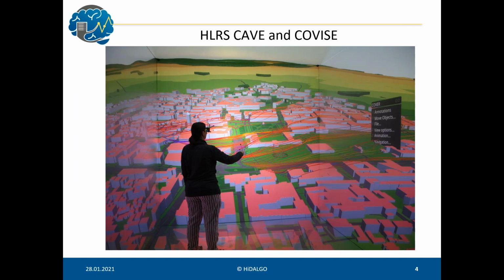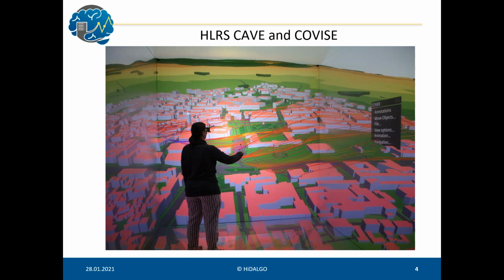It is possible to use shutter glasses to get a three-dimensional view with an amazing immersion. I don't know if somebody of you ever tried this, but it's really awesome. You should do it. The data generated in Hidalgo's urban air pollution use case shows wind and air pollution processes which are perfect to visualize in such a three-dimensional environment.